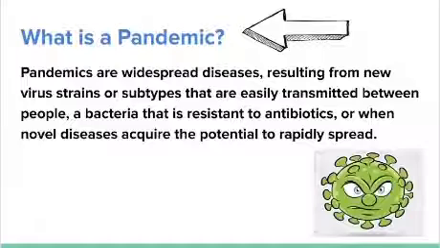It just means a disease that's hard to control, that's spreading throughout the whole world. Just like the COVID-19 that we experience now. It started in Wuhan, China, but eventually found its way from individual to individual, spanning across the whole globe. So it's affecting everybody right now.